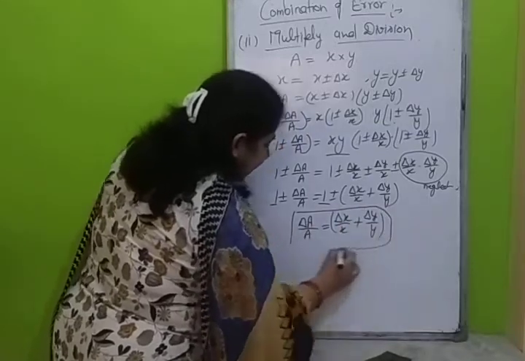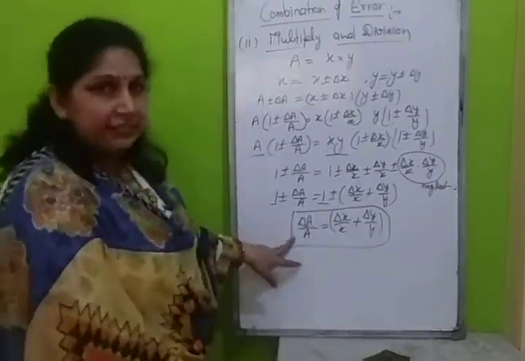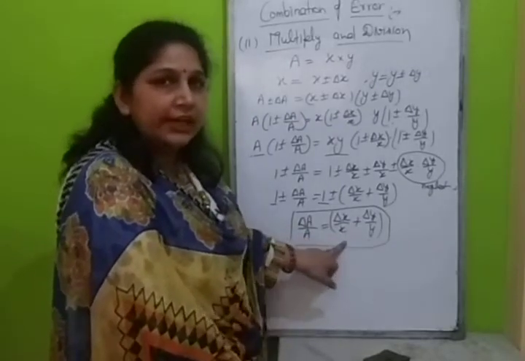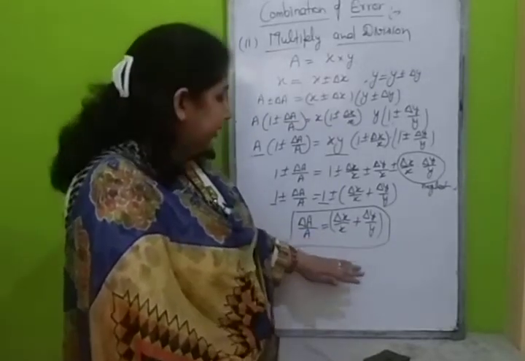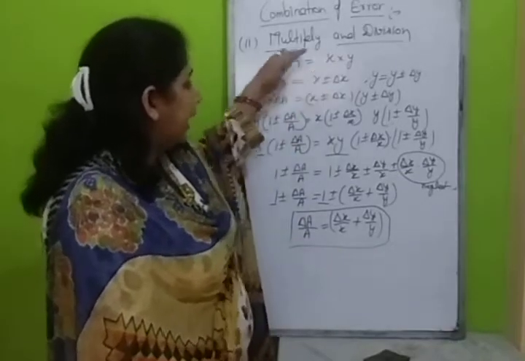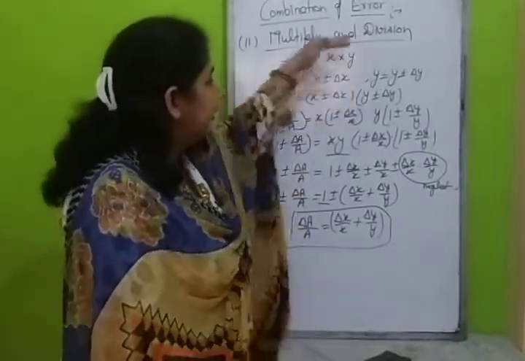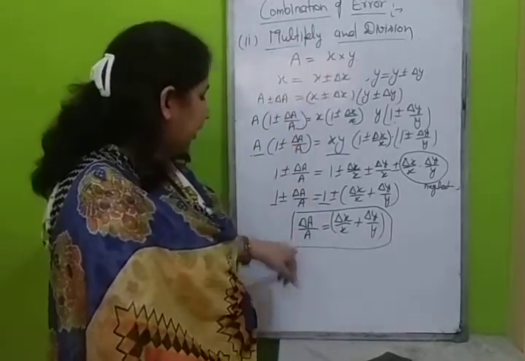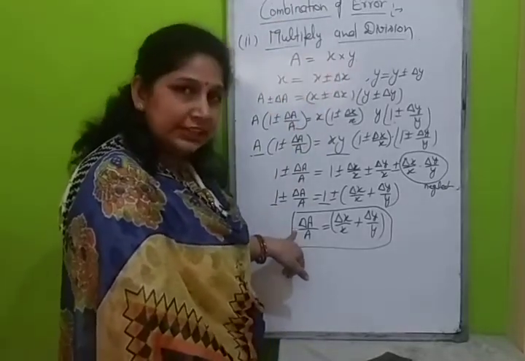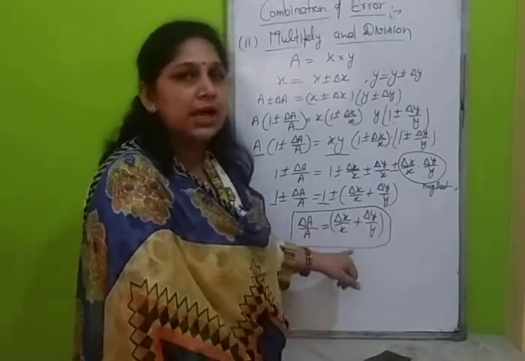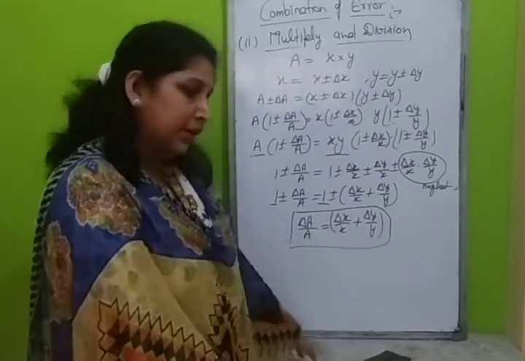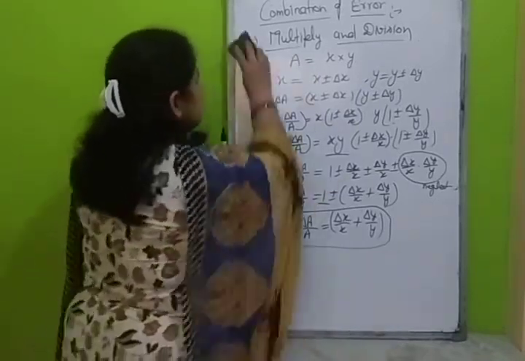Definitely, the relative error of the resultant is equal to the sum of relative errors of the individual measurements. We have done it for multiplication, and for division we get the same result. Means in multiplication and division the relative error of the resultant is equal to the sum of relative errors of the individual measurements. Got it?